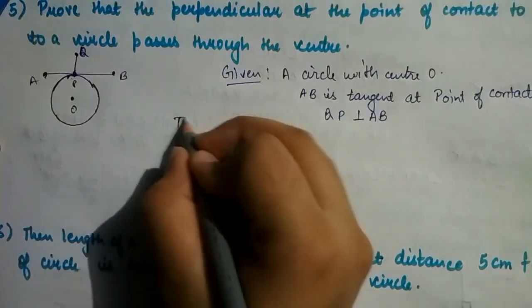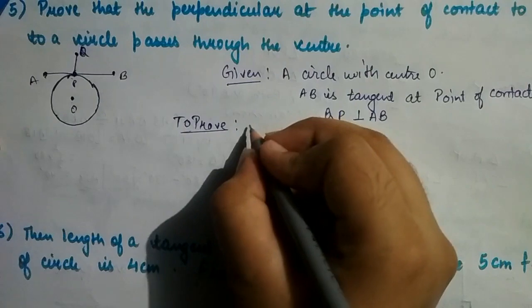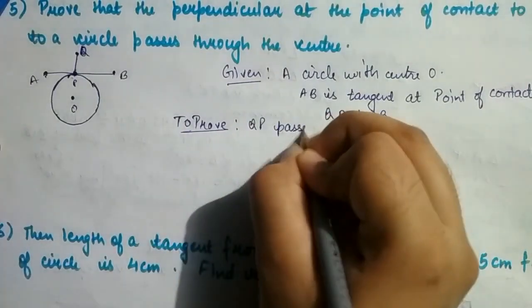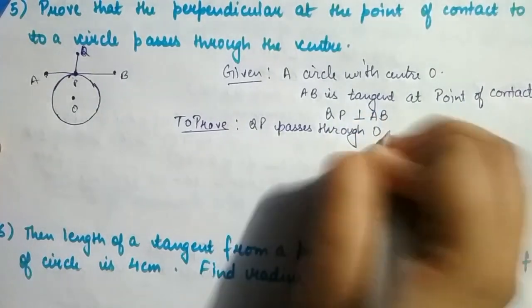What we have to prove? We have to prove that QP passes through O, that is through the center.